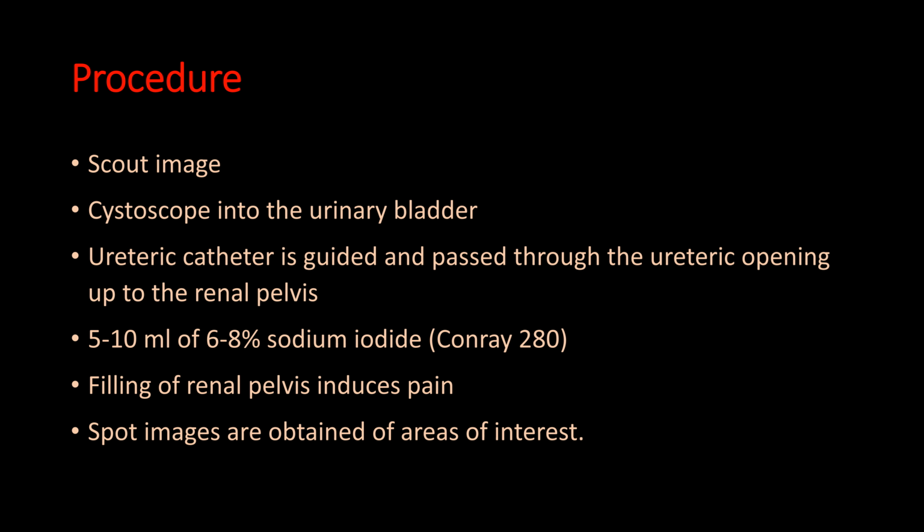Once the renal pelvis is filled up to its capacity, it induces pain. At that time, we should stop injecting the dye and spot images are obtained of areas of interest.